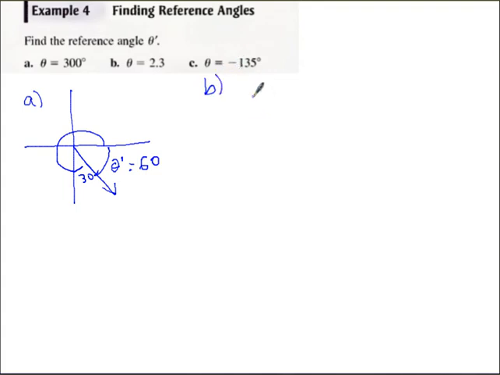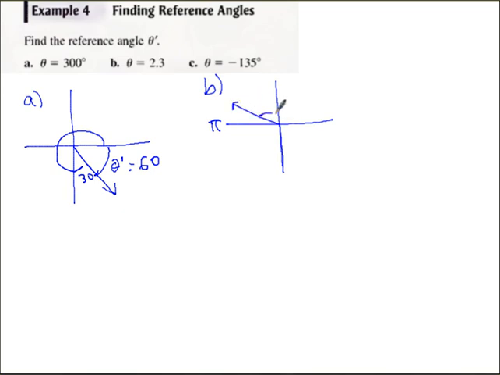Alright, so we have 2.3. We have to figure out where that is on our axis. One of the things you have to remember is about how many radians each of these axes are. So this is pi radians, or 3.14, and this would be pi halves radians, which is about 1.7. So I know I'm going to be over in here somewhere.